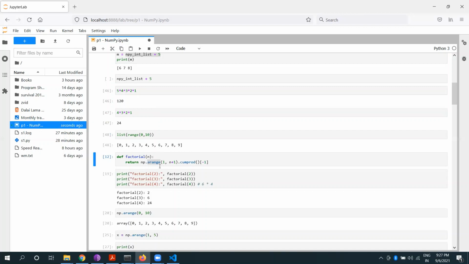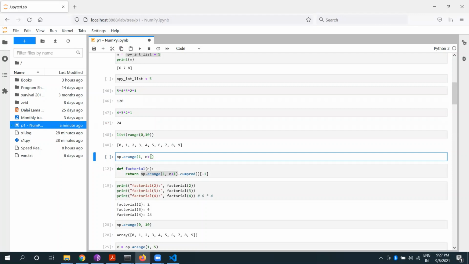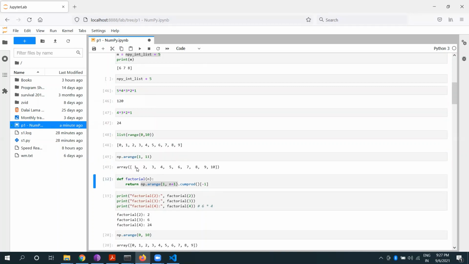Otherwise, we can use NumPy arange, and this gives similar output. If we say 1 and 11, it will give us all the elements from 1 to 10, exclusive of 11.